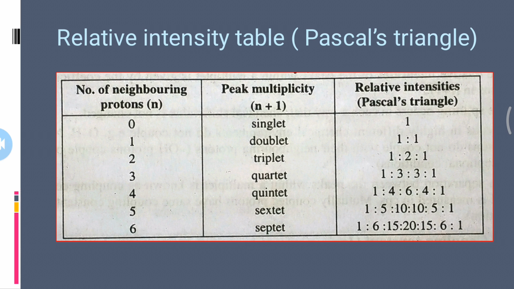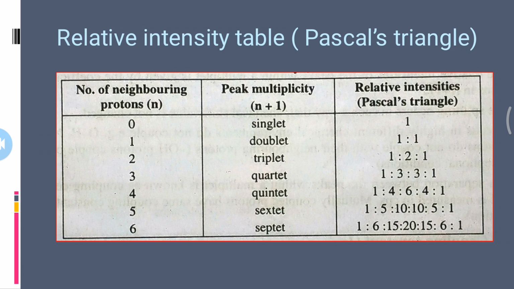The relative intensity in spin-spin coupling depends on Pascal's triangle. In the relative intensity table, with 0 neighboring protons the peak multiplicity is a singlet and the relative intensity is 1.